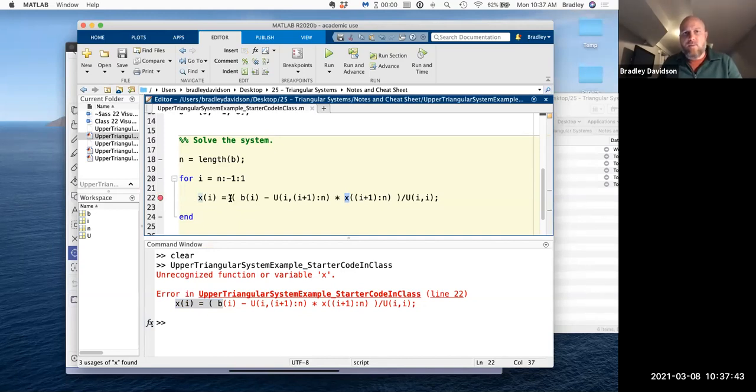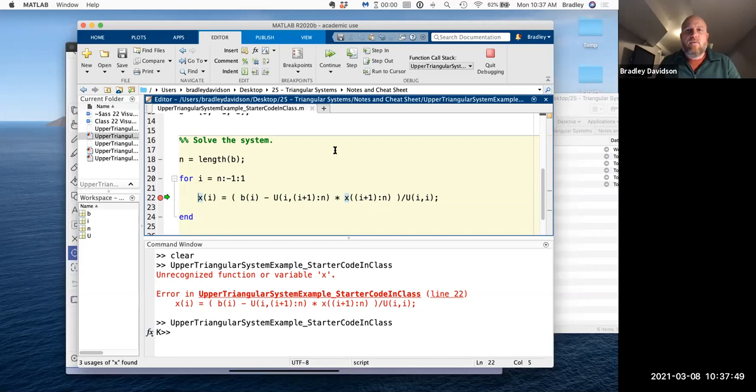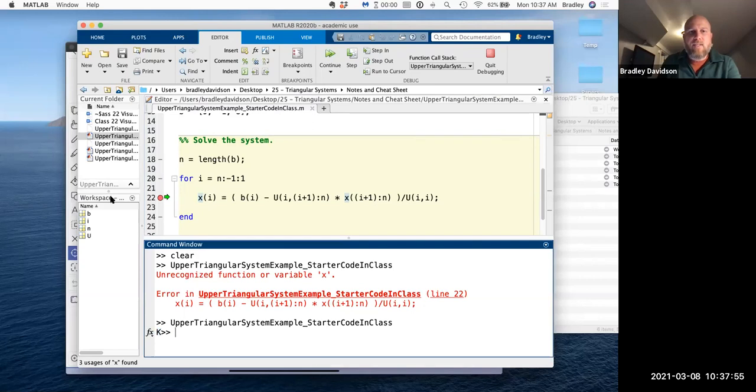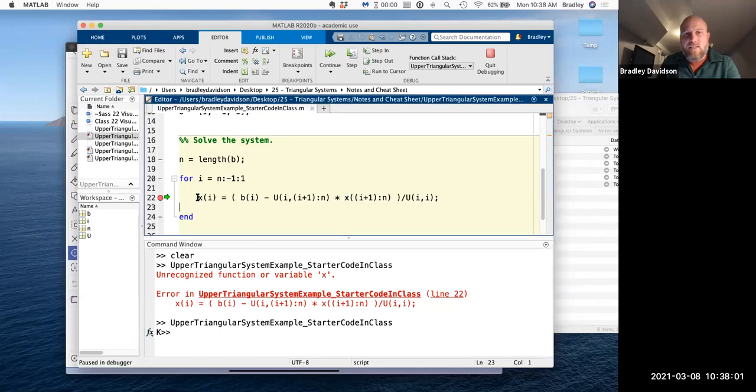Let's click on this line number 22, which is going to have it stop in this loop. We press run. It's now stopped here. Remember, there's the K prompt, which allows us to look and see what's in our workspace. At this line, it hasn't run this line yet. It's going to call an xi, where i is equal to 3.